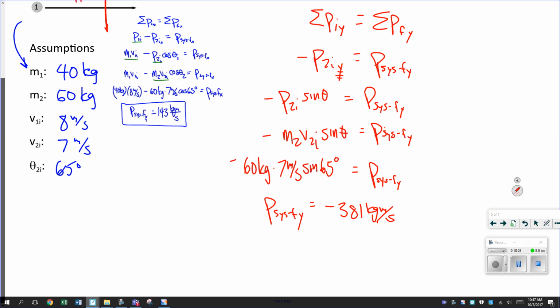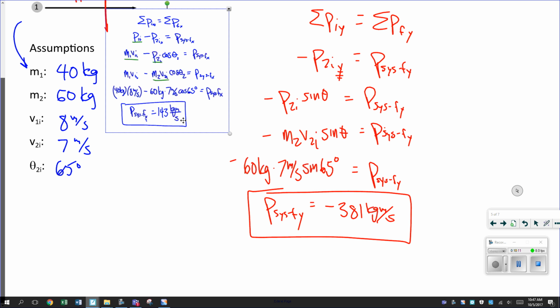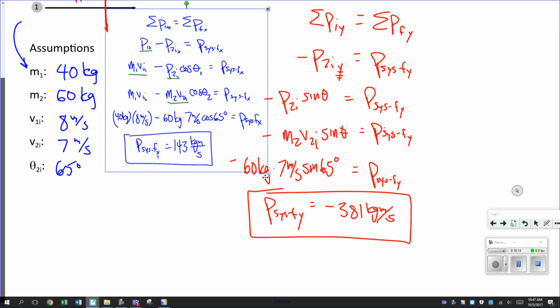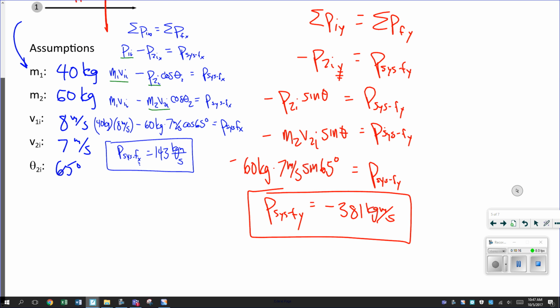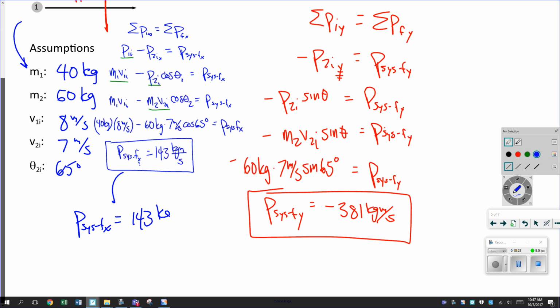So now we have the two parts of the system's final momentum. Let me expand a little bit here. What I should probably do is be explicit about what this means. P sys final x is 143 kilogram meters per second to the right.